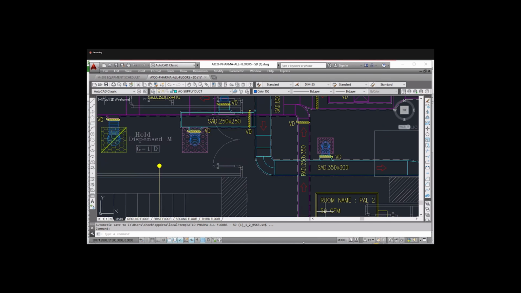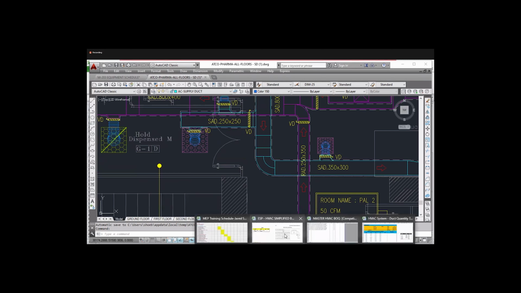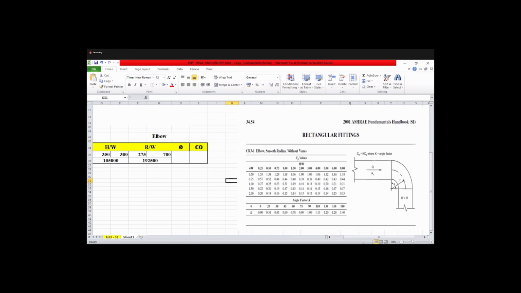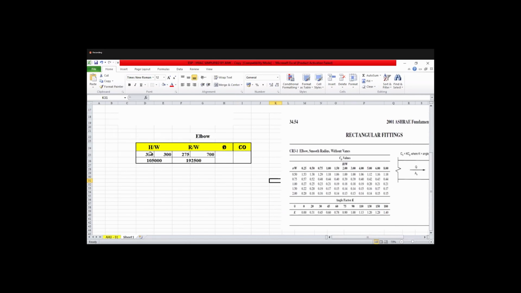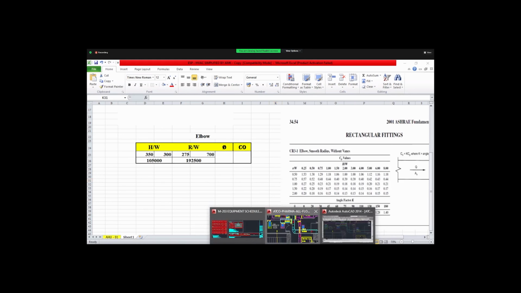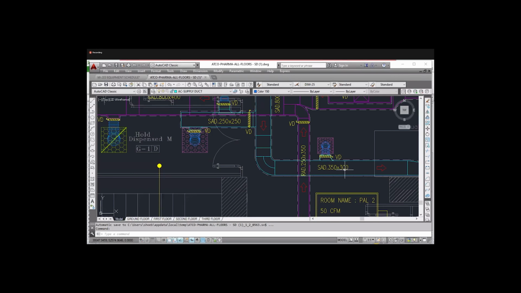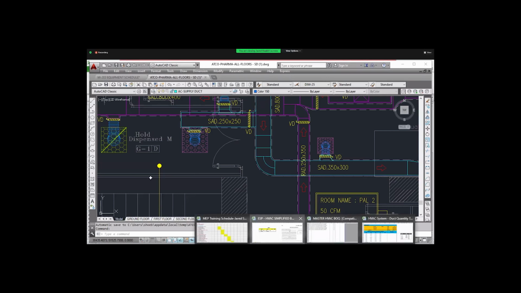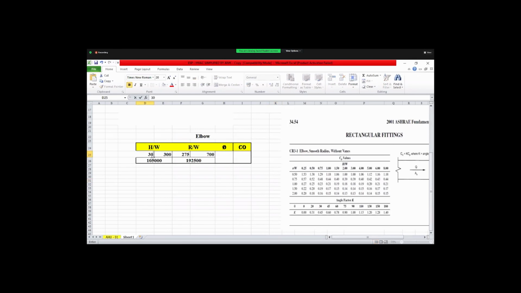So we have to mention the size, what is the height and width. The width is always higher, no? So we will take the higher side as the width. 350 is the width and 300 is the height.